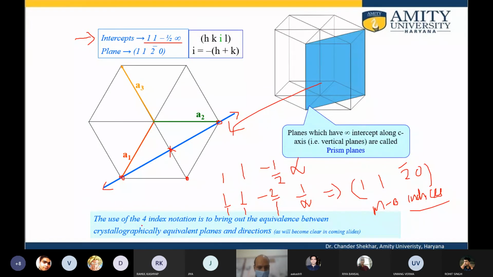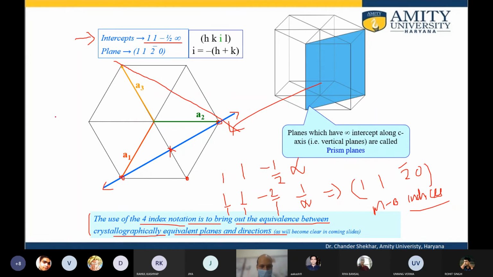Okay, so the use of four-index notation is to bring out the equivalence between crystallographically equivalent planes and directions. Suppose now there is this one plane. In this case, what will be the similar indices? Because ideally these two planes are identical.